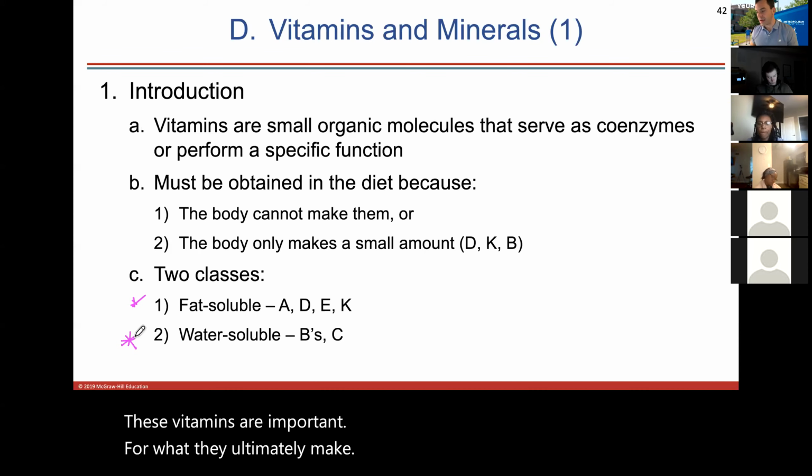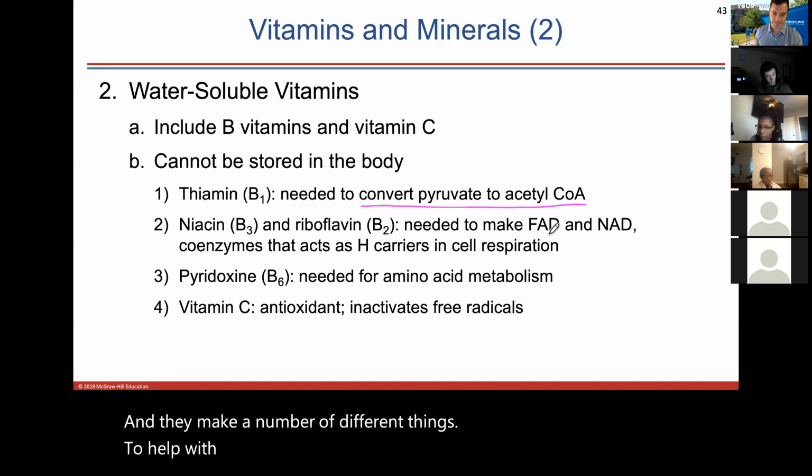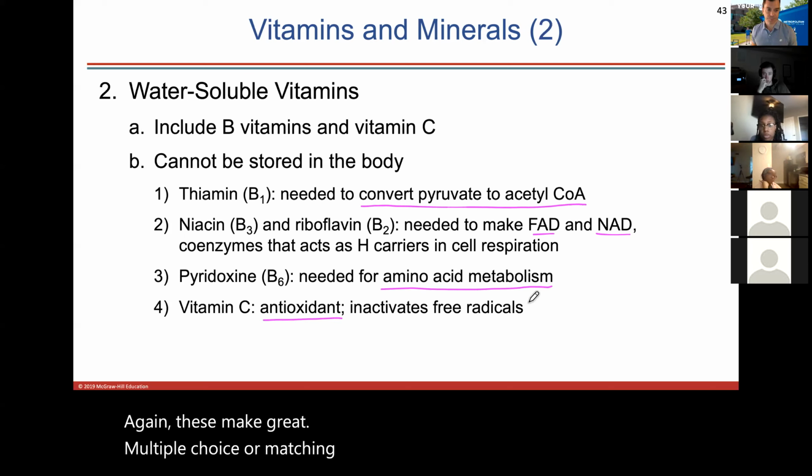And they make a number of different things to help with cellular metabolism. Okay. Again, these make great multiple choice or matching type of questions.